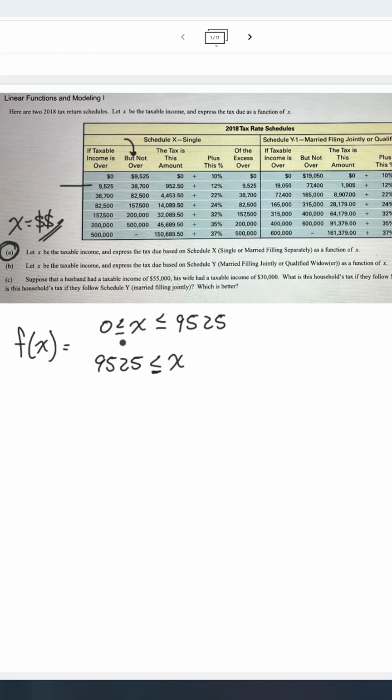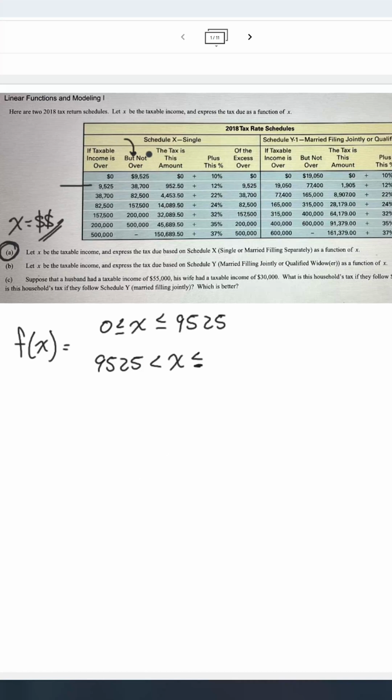If I'm earning exactly now $9,525, am I looking at this place or am I going to look at this place, right? So we're going to use the less sign. And on the other side, we are actually going to use again the less or equal sign. Why?